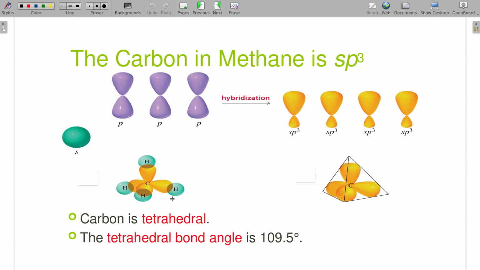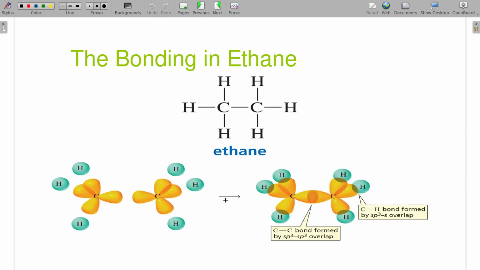So they form that tetrahedral shape that we expect carbon to go through when it has 4 groups on it. We see that even if we have a more complex molecule. So something like ethane that has 2 different carbons, since each of those carbons has 4 bonds coming off of it, we'd still expect each carbon to have sp3.